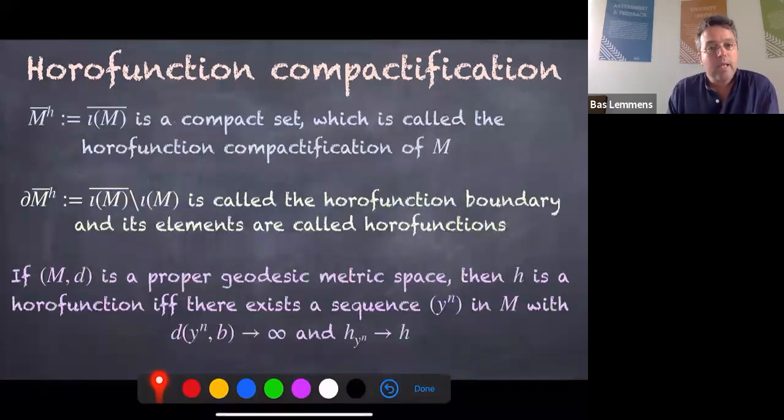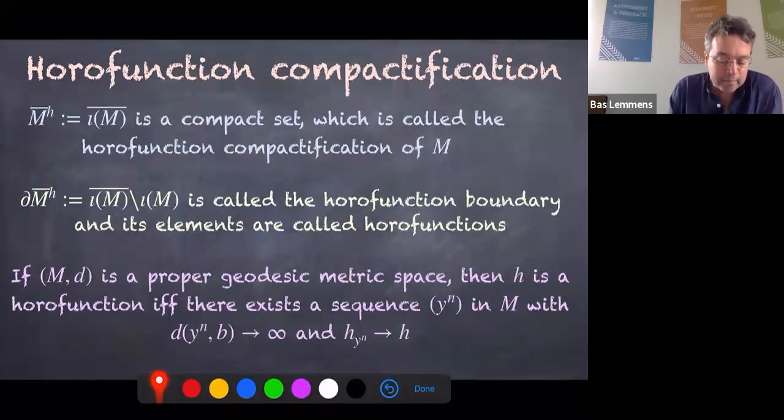So we have this embedding of our metric space into this compact set, so we can take its closure, and that closure will be called the Horofunction compactification of M. And of course, the boundary is called the Horofunction boundary, and the elements in this boundary are called Horofunctions.